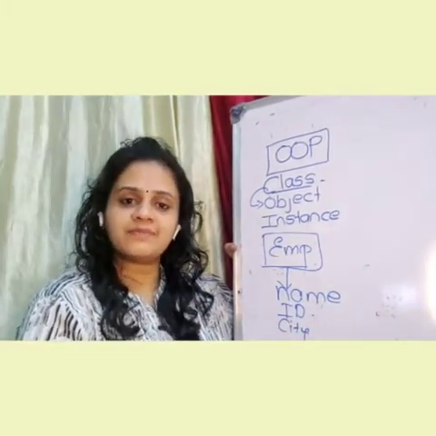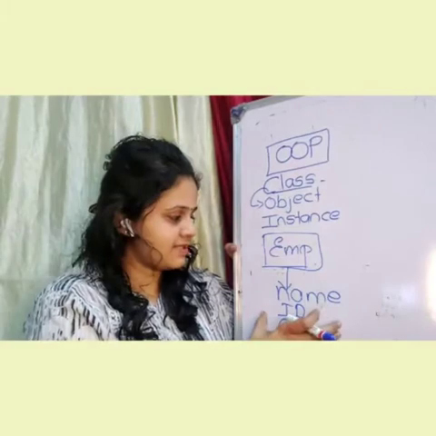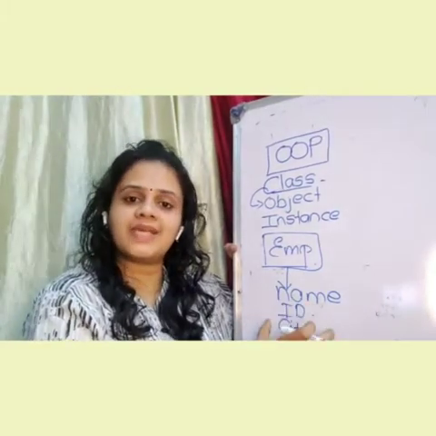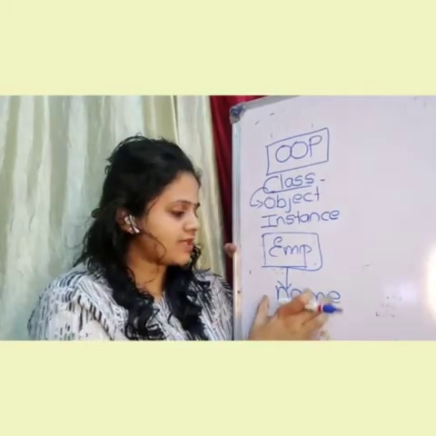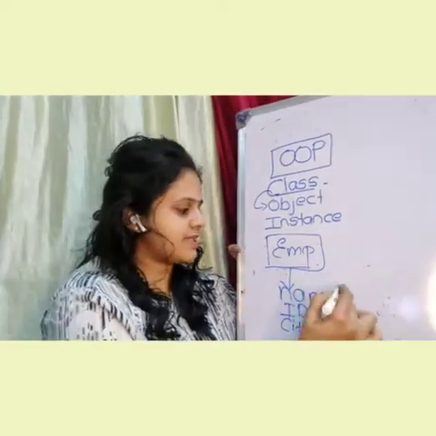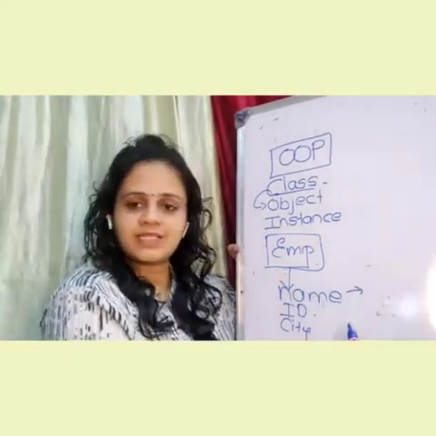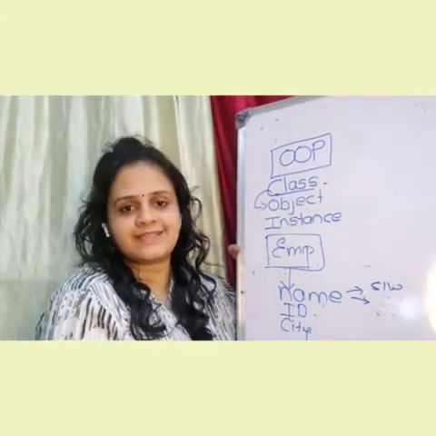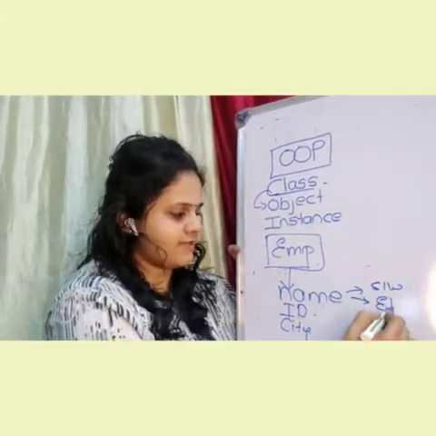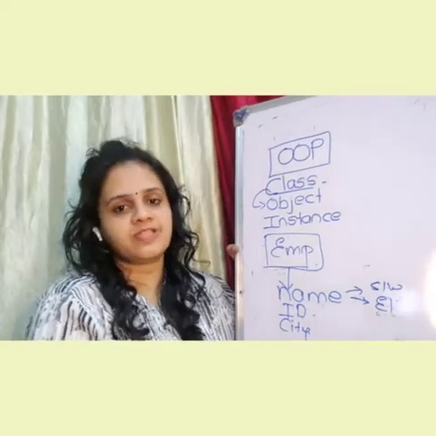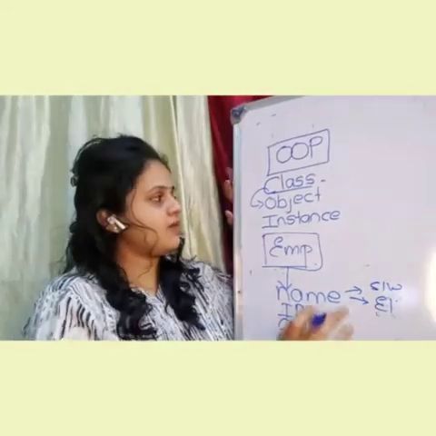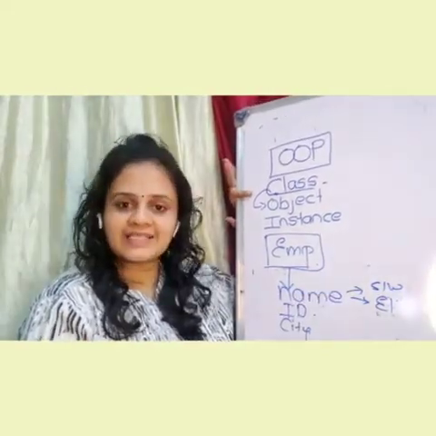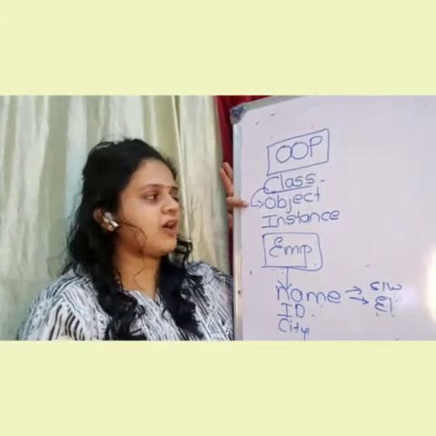Now, what will be the behavior of this employee? The behavior means the working. You can say the employee is related to the software field, or the employee is related to the electronic field, right? You're going to divide it. Just keep in mind, what is class? Class is a blueprint to create an object.